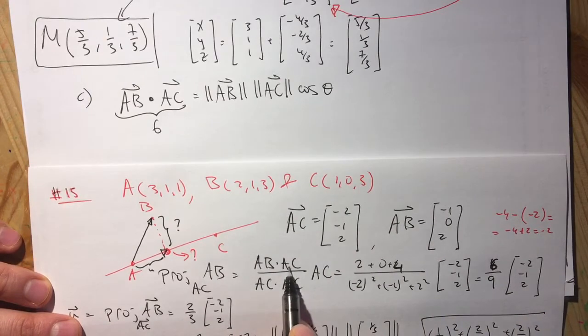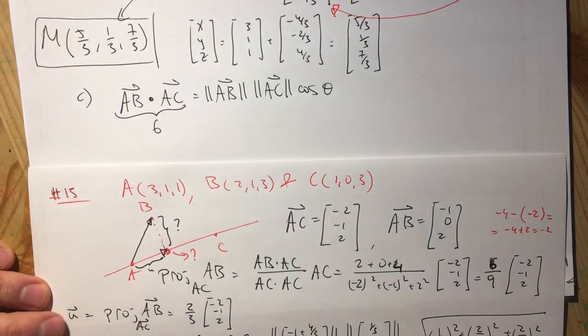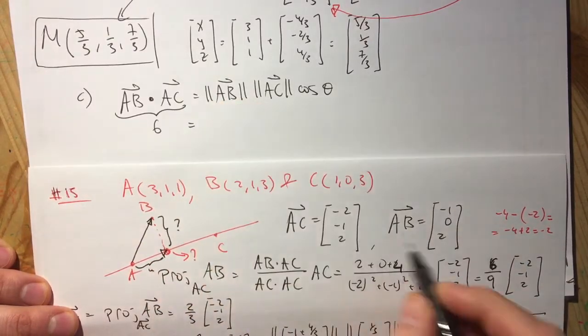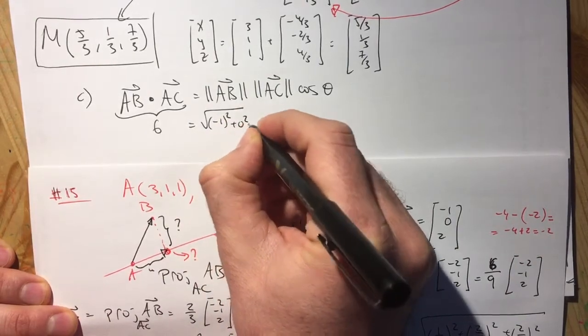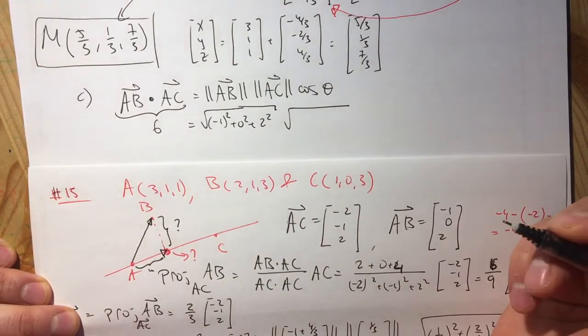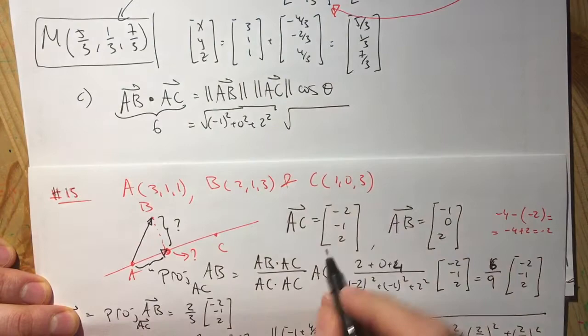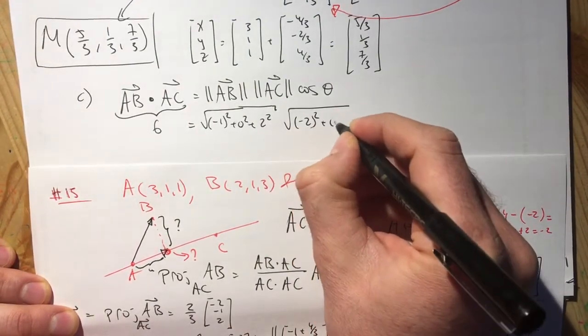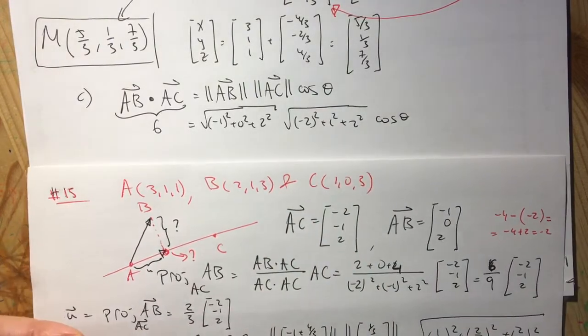The norm of AB is the square root of the dot product of AB with itself, right? So the norm of AB is the square root of -1 squared plus 0 squared plus 2 squared, times the norm of AC, which is the square root of -2 squared plus 1 squared plus 2 squared, times cosine theta.